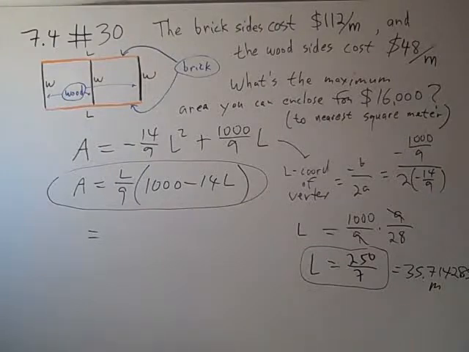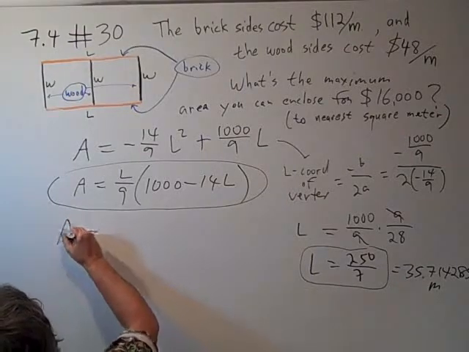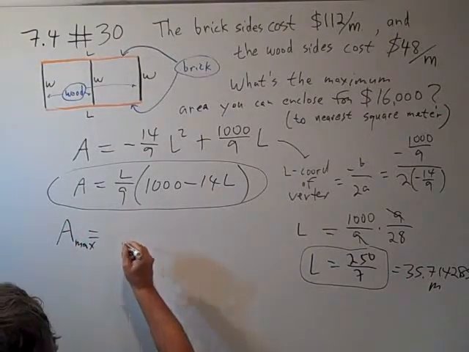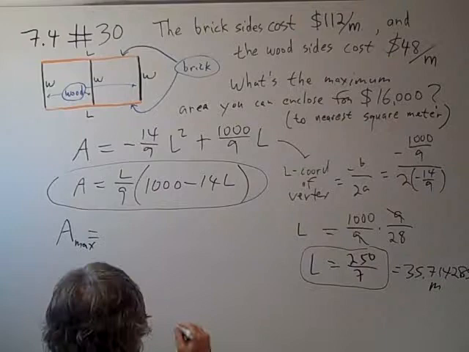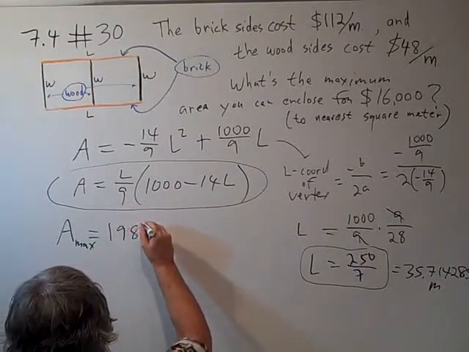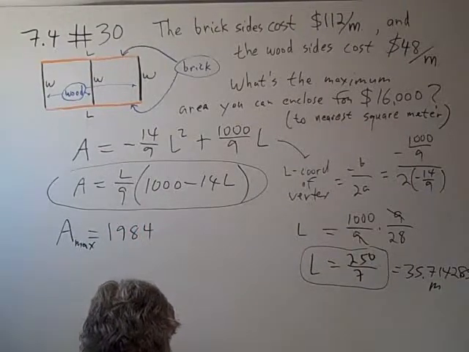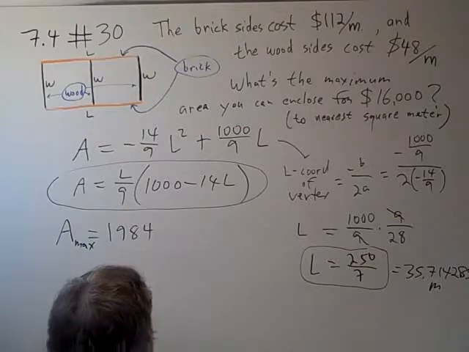And our L times 500, then divided by 9, gives us maximum area is equal to 1,984.126.